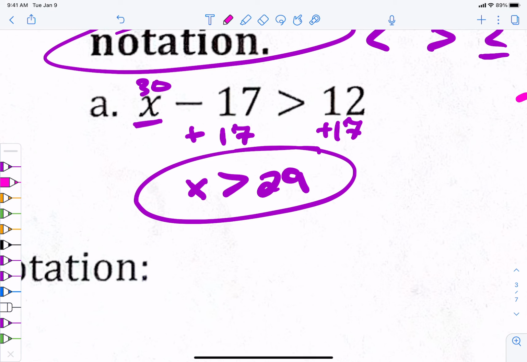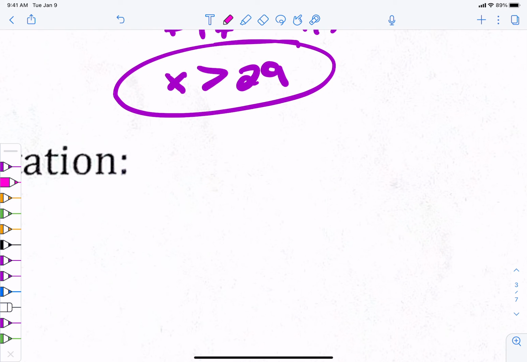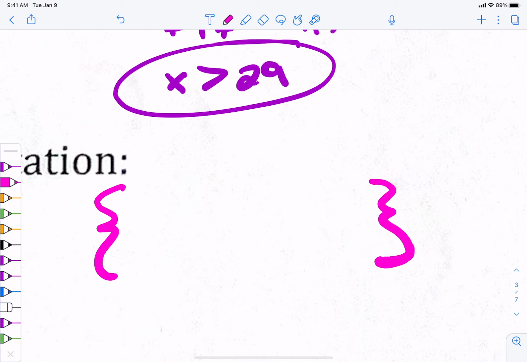So, for A, we said X was true only if it was greater than 29, okay? So, for our set builder notation, you write it with the little curly brackets. This is what set builder notation looks like. You have to first define your variable, which we called X. X is my variable.